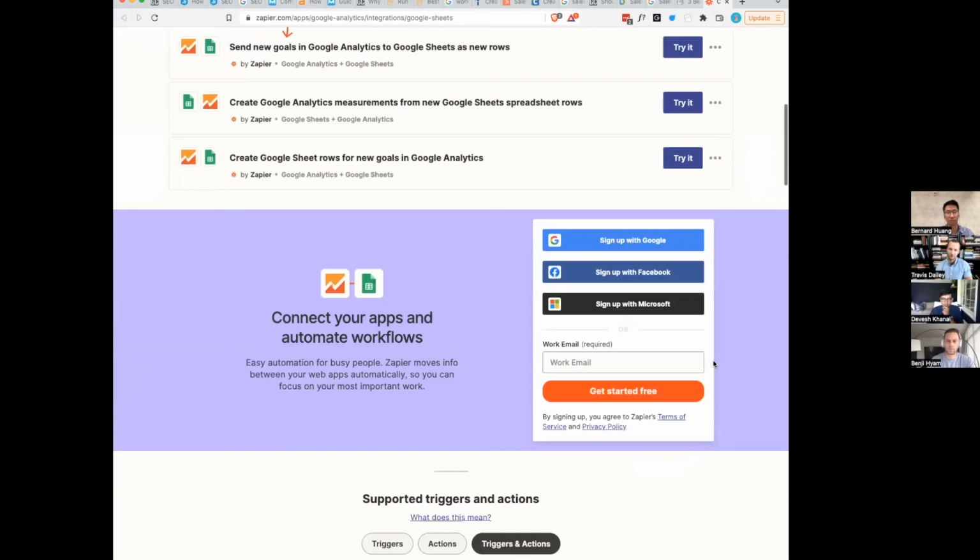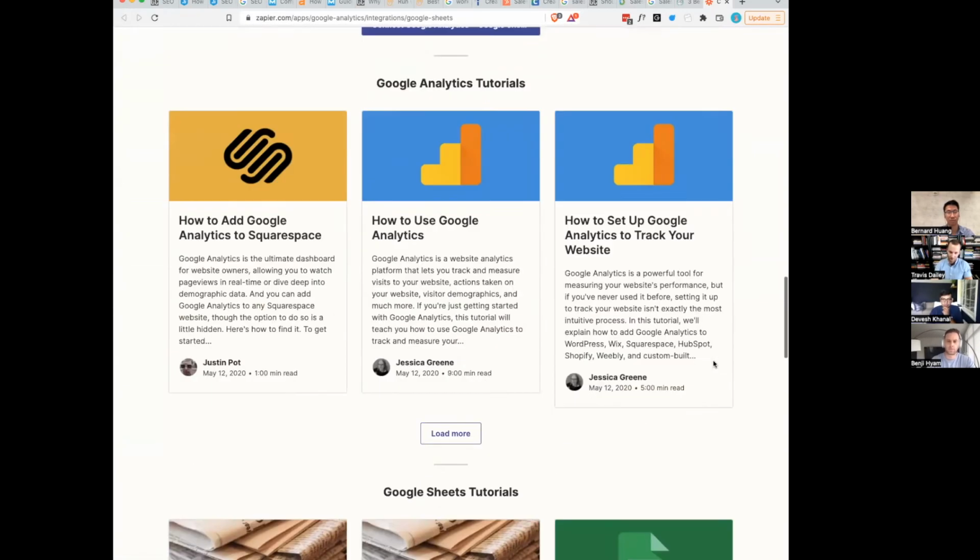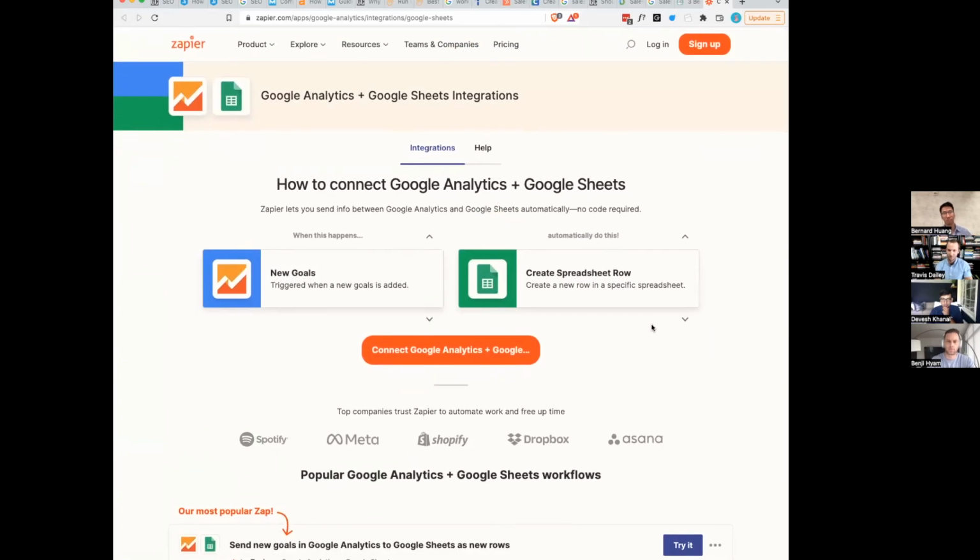My initial knee-jerk reaction to these is that if you are a company whose product helps people do what the query is, which is going to rank for various terms around connecting Google Analytics and Google Sheets, you could just throw it up onto the page and you're in good shape.